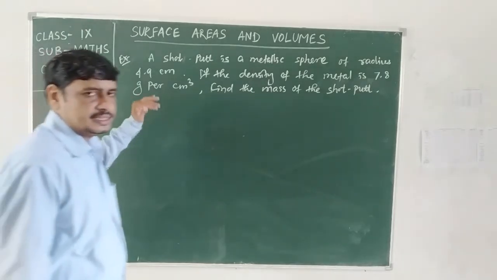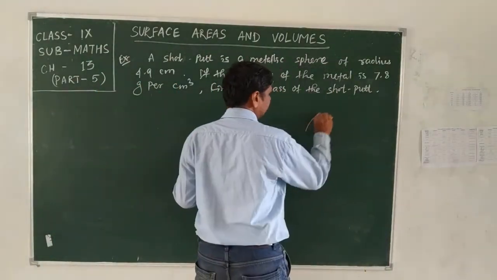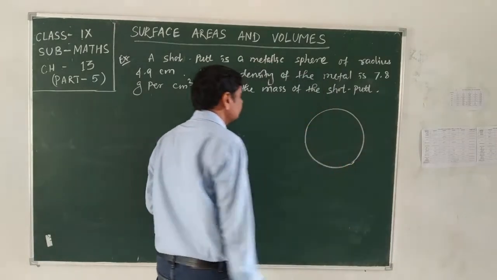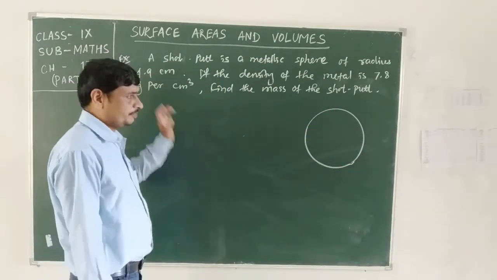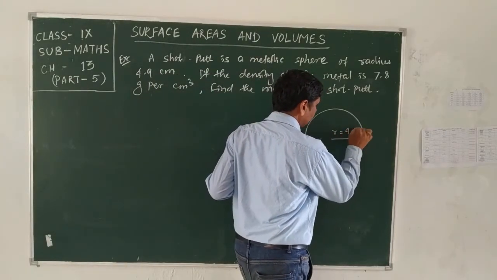Circuit, which is in the shape of a sphere, it is the circuit in spherical form, having radius 4.9 cm.